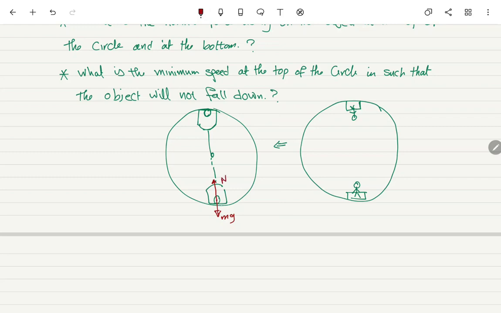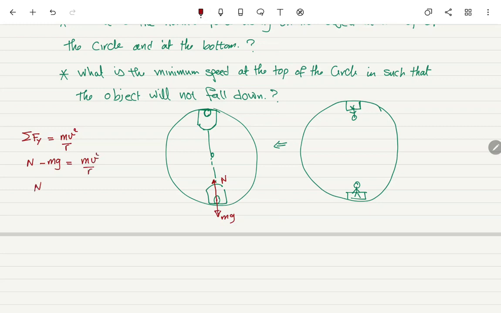Now at the bottom, the sum of all forces on y is equal to mv square over r, since this is a circular path. So normal minus mg equals mv square over r.